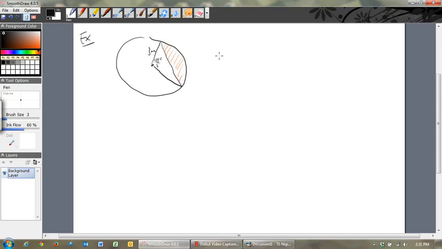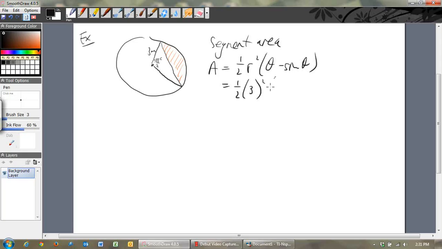Okay, and so if we're after the segment area, again plug in formulas. Segment area A is equal to, so the formula is half r squared, theta minus sine theta, equals half, 3 squared, 3 pi on 2. Is that right? 3 pi? I meant 3 pi on 4.